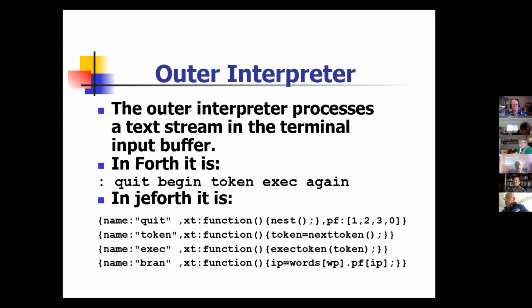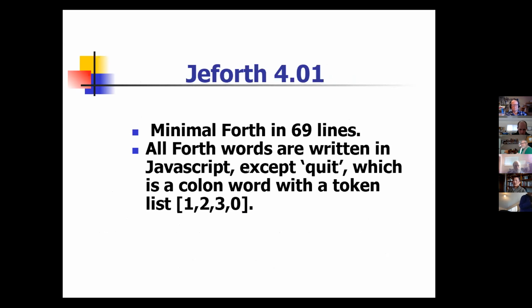The outer interpreter processes a text string in the terminal input buffer. In Forth, it is quit: begin, token, exec, and again. And in jeforth, the quit token list is 1, 2, 3, 0. It's a token, exec, and the branch back to token. So this is very nice code.